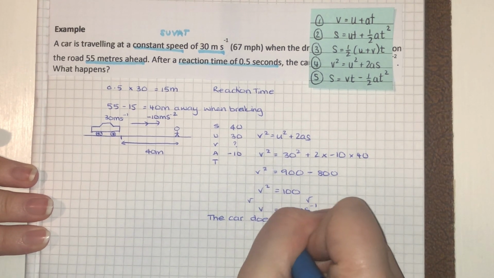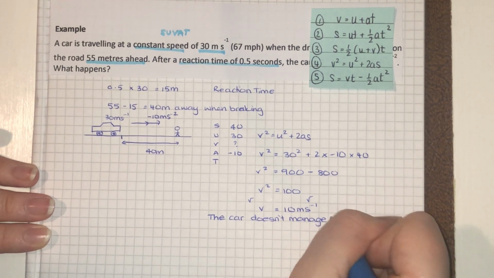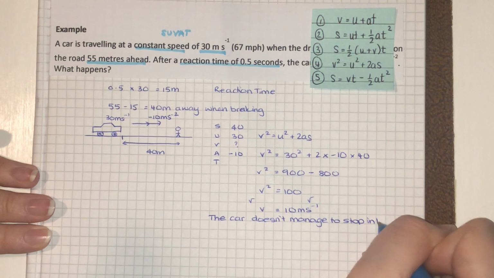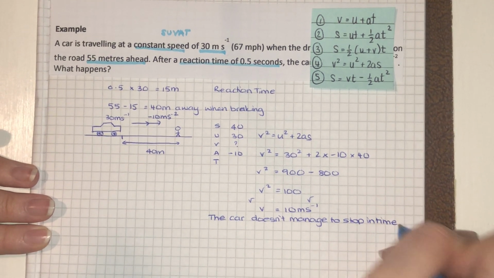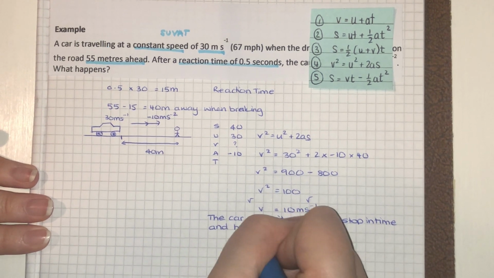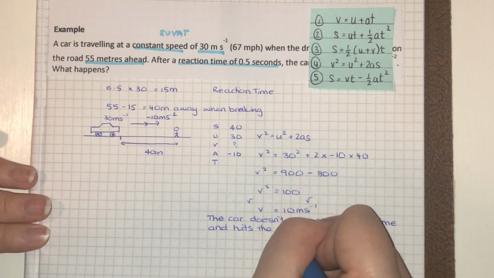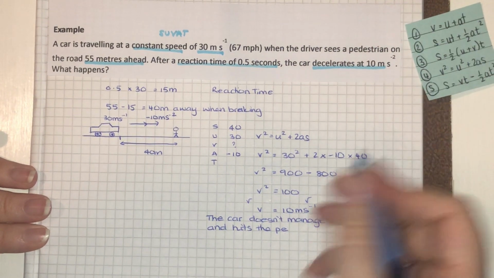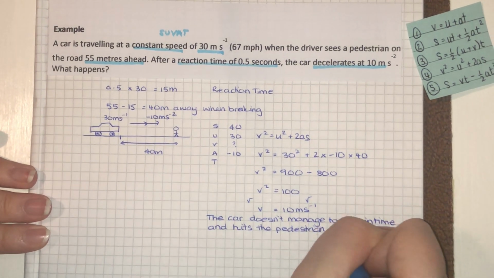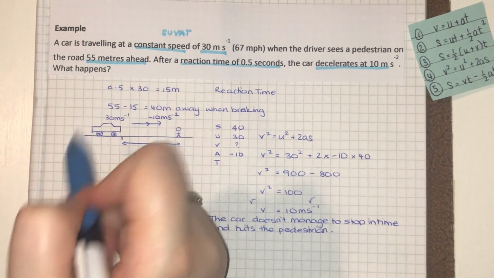Doesn't manage to stop in time and hits the pedestrian. Okay, so it's good that you need to write a little blurb at the end because that's what it's asking us to actually explain what happened.